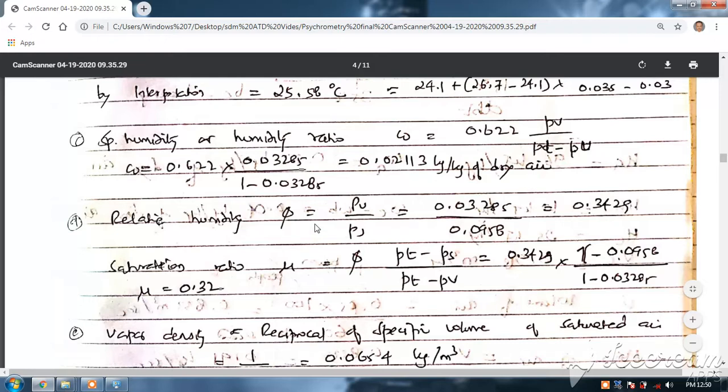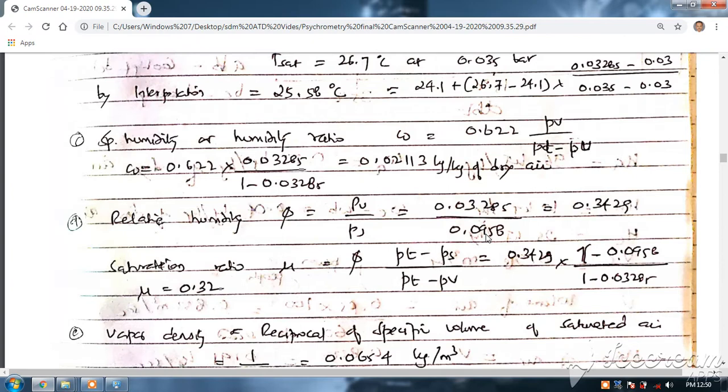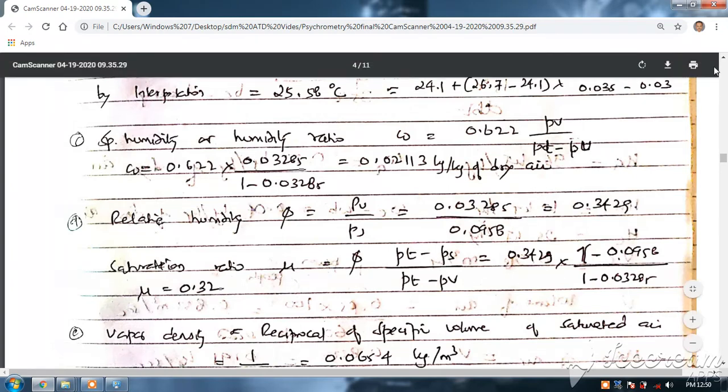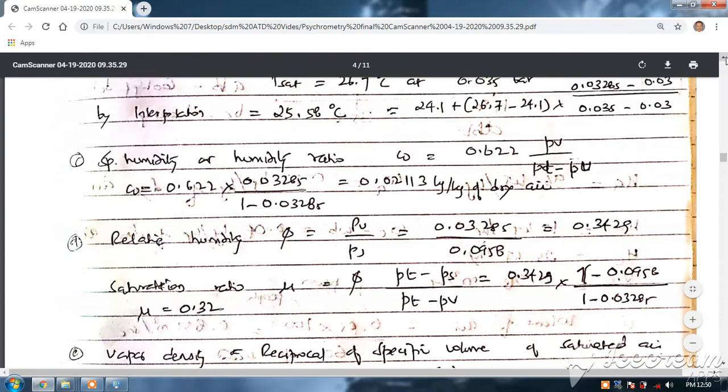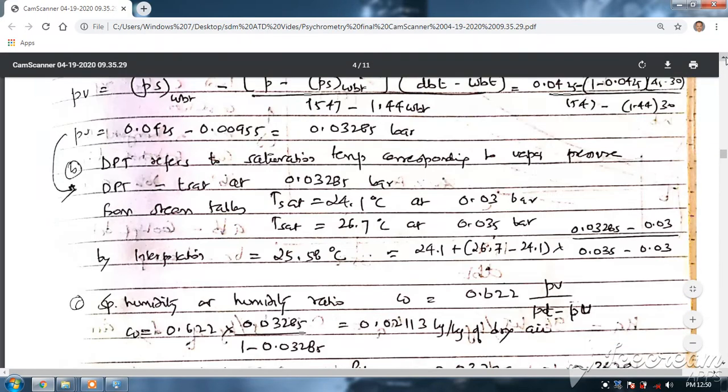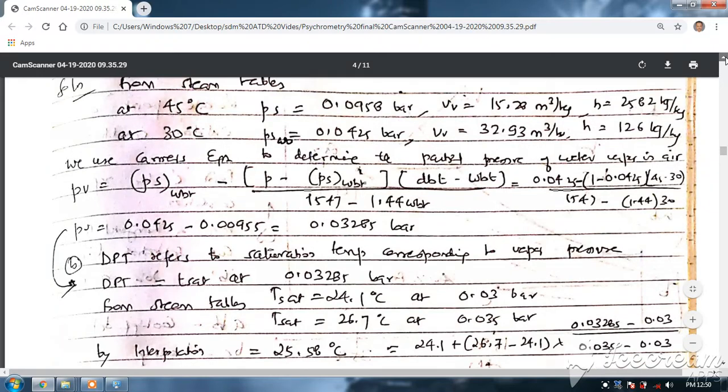Now relative humidity phi is equal to PV by PS. So PV is 0.0328, PS is equal to 0.0958. How did we get this PS? This is the saturation pressure for the dry bulb temperature.